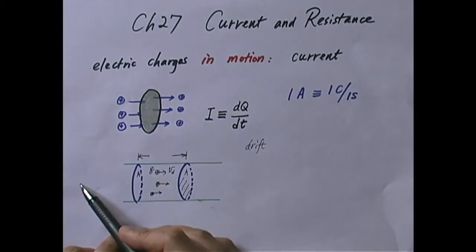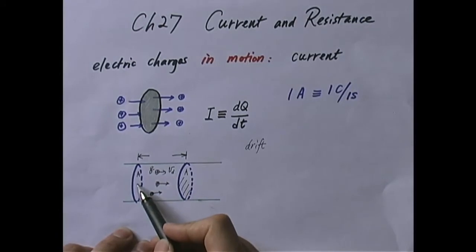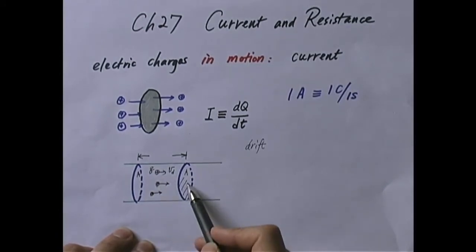If a charge is way down there, it will not be able to make it to here by the time dt, right? It has to be close enough to this cross-section so that it can actually make its way past it. So the question is, how far can this charge be from this and still make it over time dt?